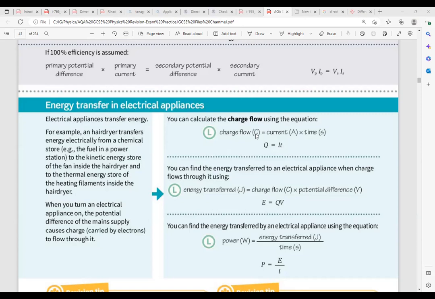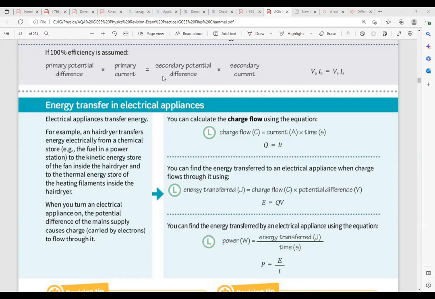Ampere, no. Ampere is the unit of current, which is A. I'm asking about C. Charge is Q. Is it coulomb? Yes, who said that? Roa? Yeah. Thank you, Roa.